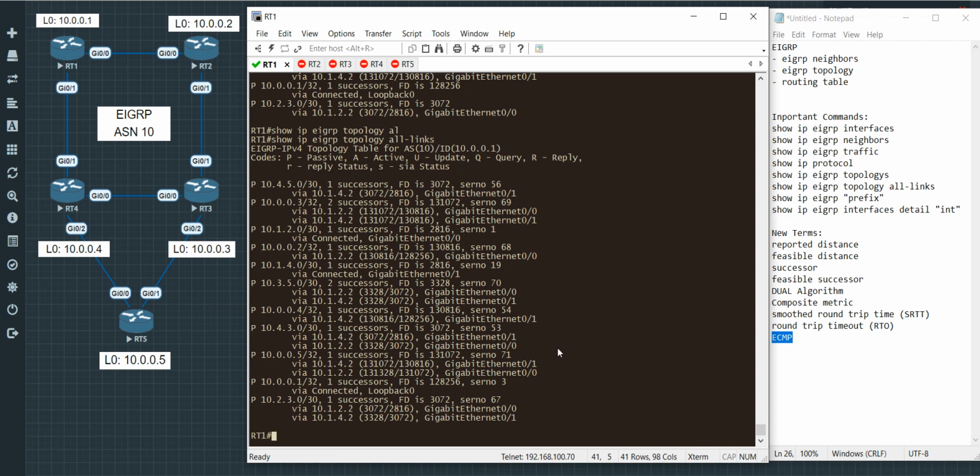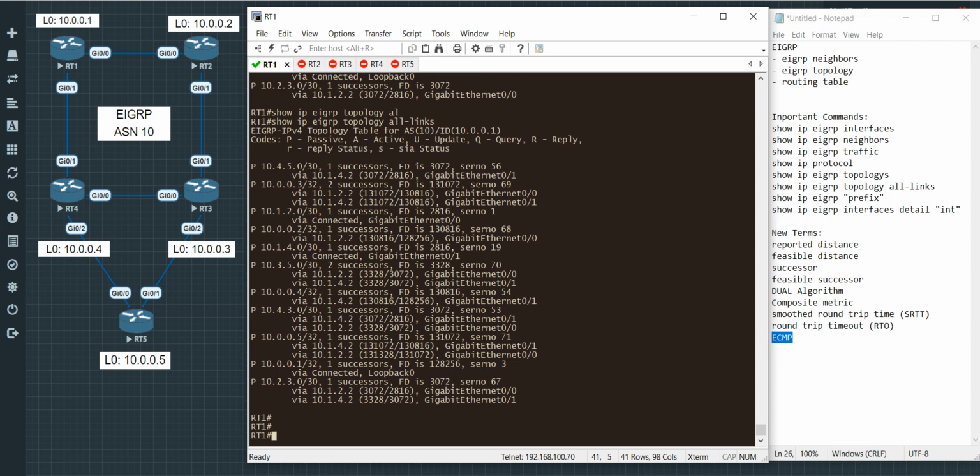What we can do is create an access list that matches this particular address, and then we can use the command to increase this value by, let's say, 10 and make it 131082, and in that case this value will be higher than this value, and then it can be considered a feasible successor.